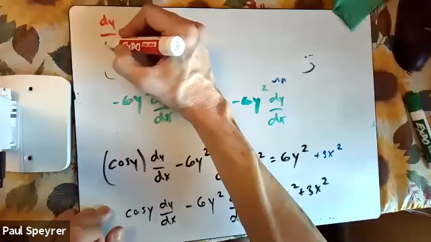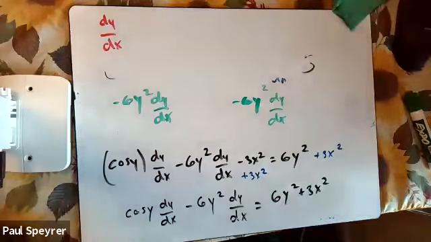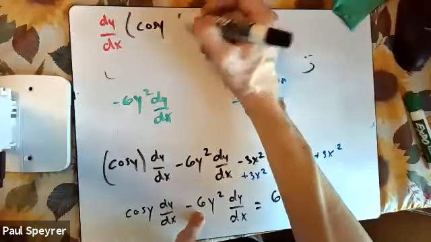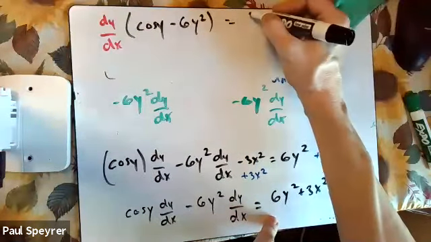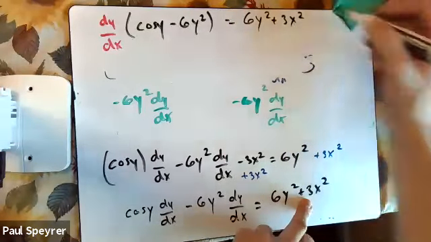So if we factor out a dy dx from these two pieces here, we're left with cosine of y minus 6y squared, and all that equals 6y squared plus 3x squared.